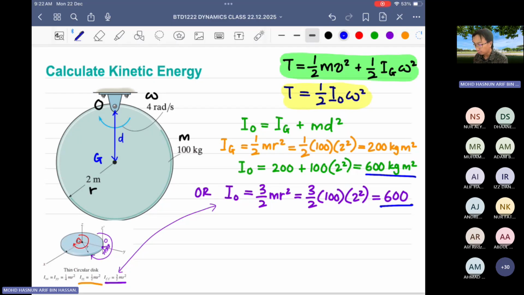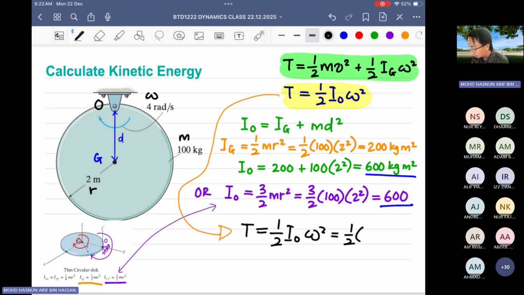Now once we have that, we will use T is equal to 1 over 2 IO omega square to solve for the kinetic energy. The value of IO we already have, so this will be equal to 1 over 2 times 600, then omega is given as 4, so you write 4 square. Do not forget the square.